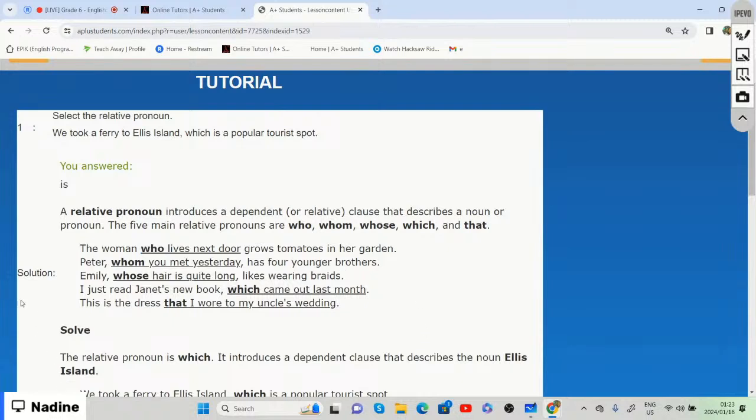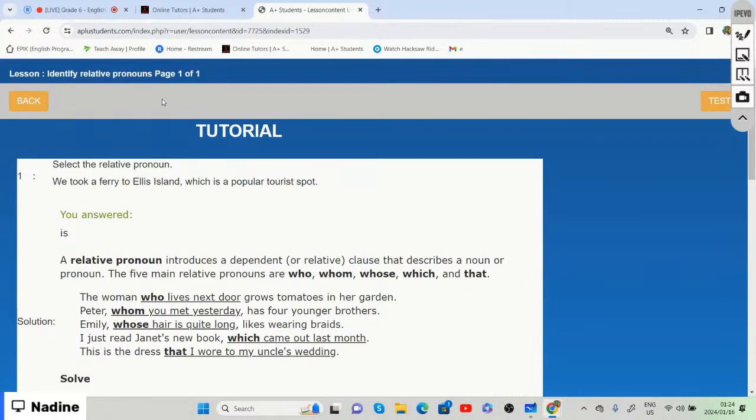All right. And then if you look at the word whose, Emily, whose hair is quite long, likes wearing braids. All right, let's look at one sentence before we go on to our test.